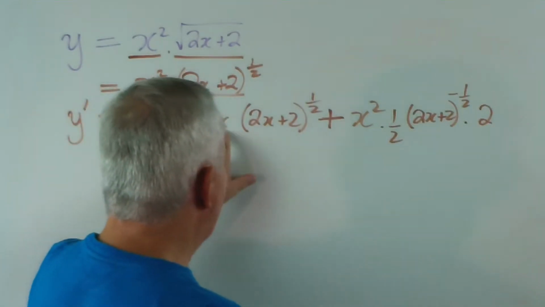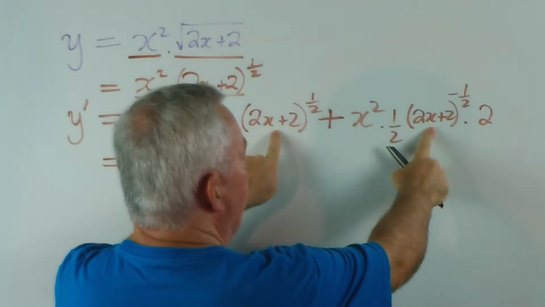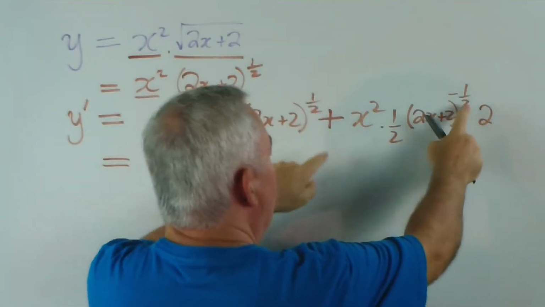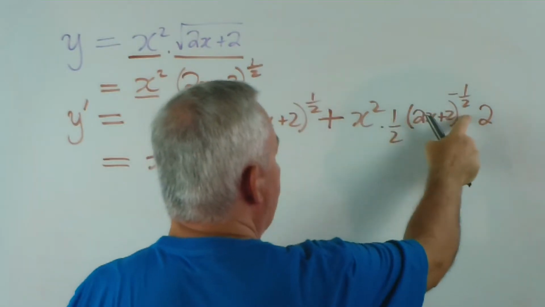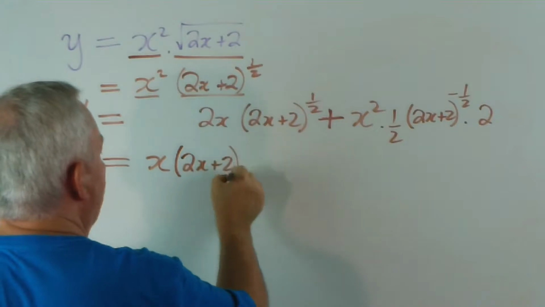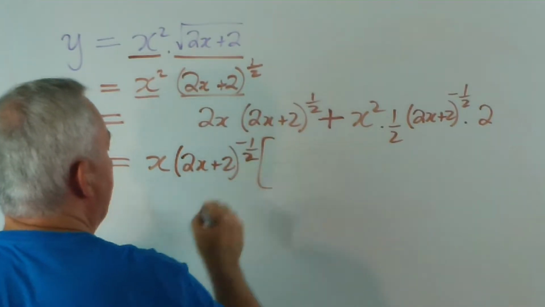So I've checked out the 2, I've checked out this, now check this out. That certainly appears in both, and we take the lowest power. Now remember, negative 1/2 is lower than that, so we're going to take this out. So let's see what's left.